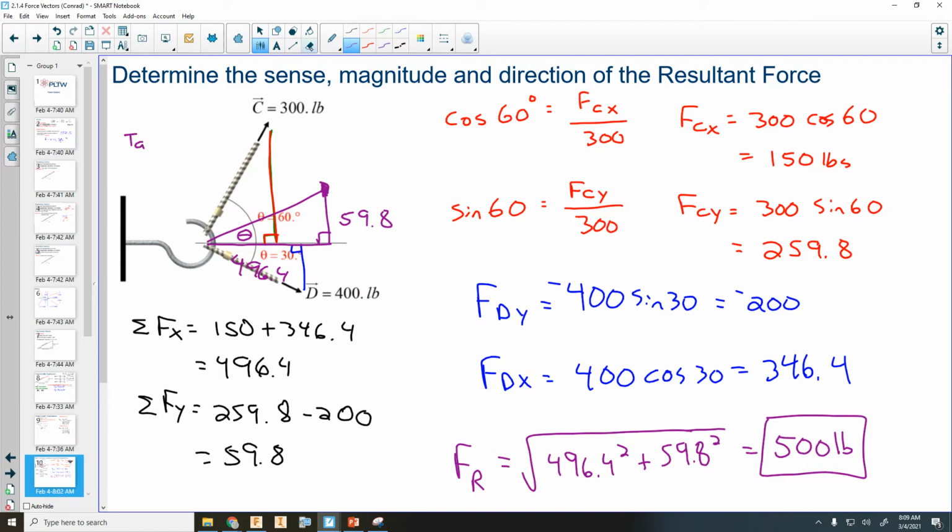The missing angle would be the inverse tangent of opposite over adjacent. 59.8 over 496.4.